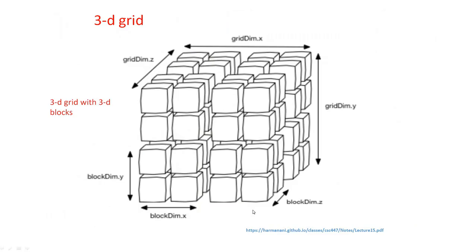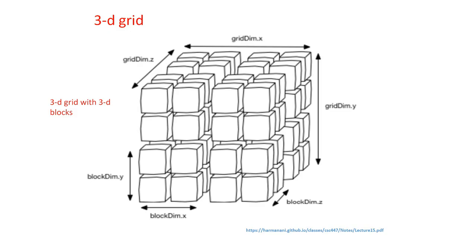More complicatedly, as I said, under the grid we have blocks, and under blocks we have threads. So we can even reference each thread in a 3D format which looks like this, where the individual bricks are the threads.